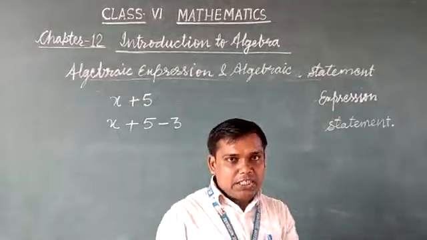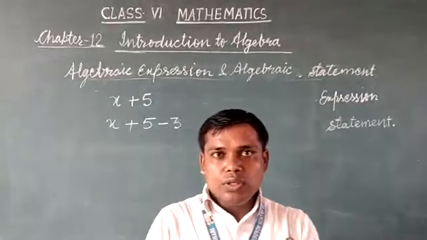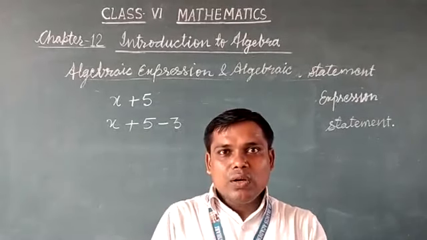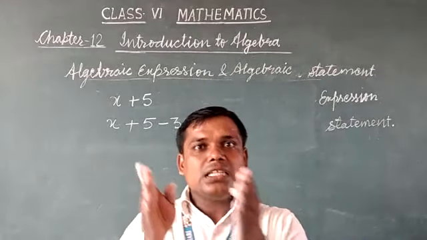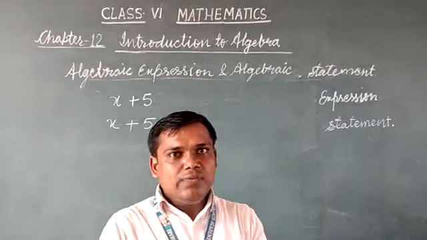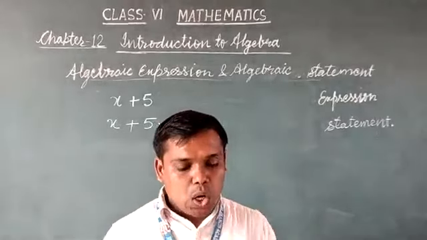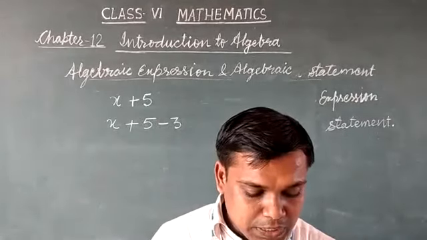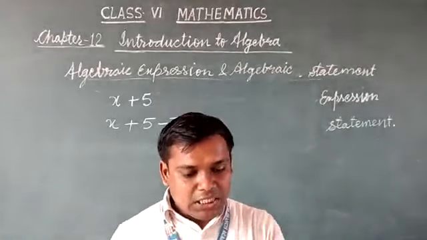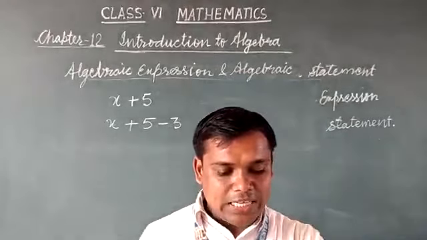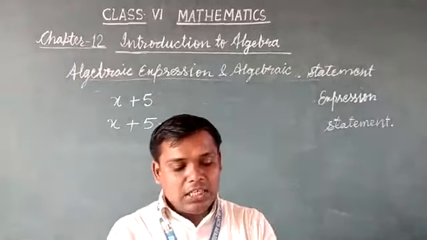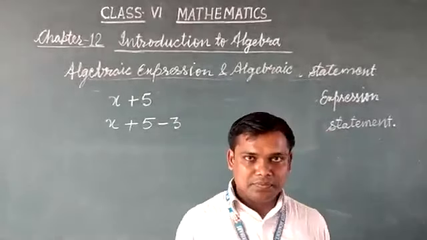Means an expression which consists of different terms with addition and subtraction sign, or operation with addition and subtraction, is called an algebraic expression. Means an algebraic expression is a collection of variables and constant terms connected by the symbol of addition or subtraction.